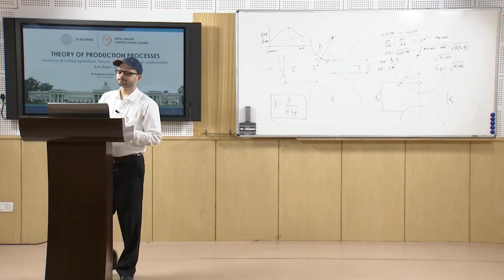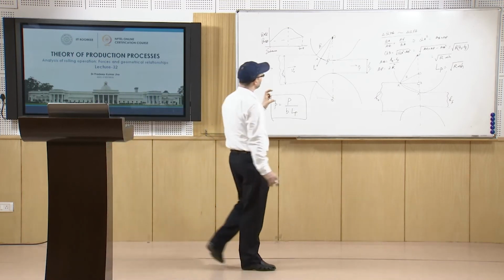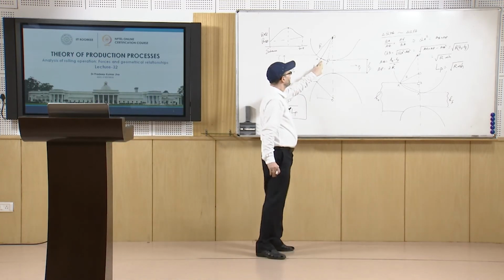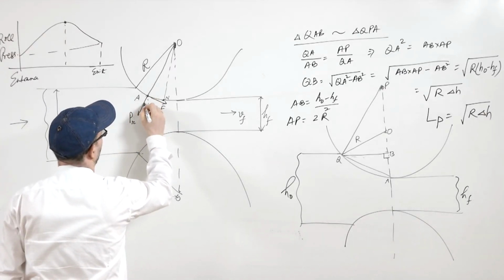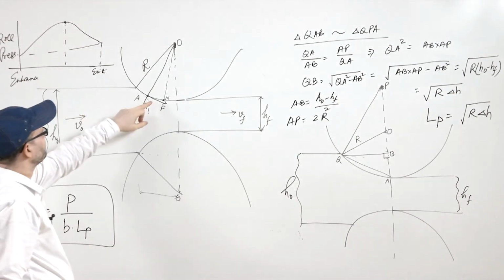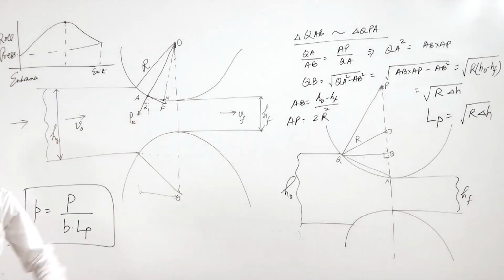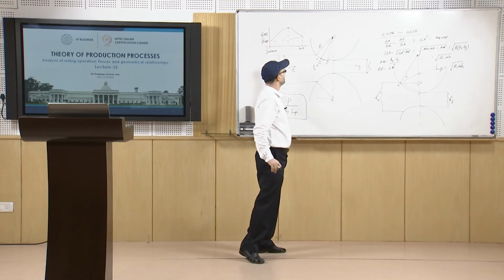If you look at the horizontal components, this is PR, and this is alpha.